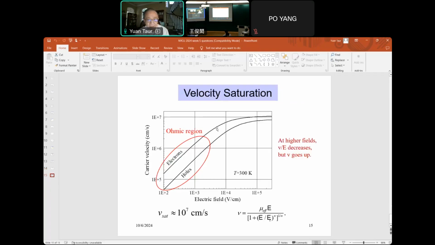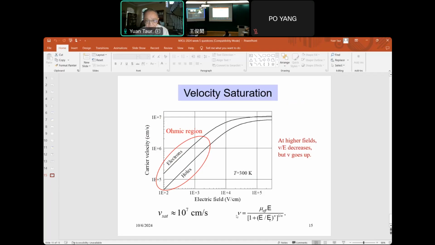But we can see that when it's velocity saturated, then the velocity-field relationship, instead of a straight line, saturates at about 10 to the 7. Now, for the low field, you can define mobility, that's the ohmic region. But at high field, mathematically it's given by this expression.